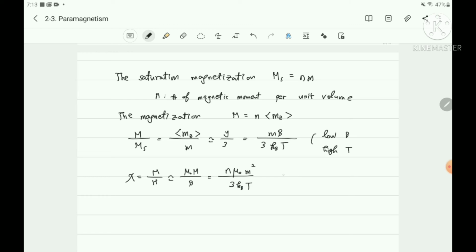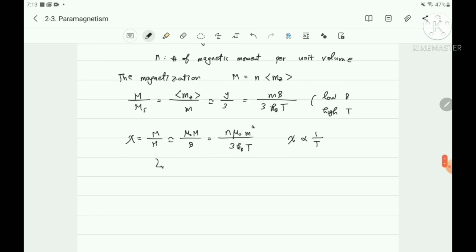Then it means that the magnetic susceptibility is proportional to 1 over T, and this is known as the Curie law. Here Curie is Pierre Curie, the husband of Marie Curie. The magnetic susceptibility is inversely proportional to temperature, where C is the Curie constant, and it is known as the Curie law.